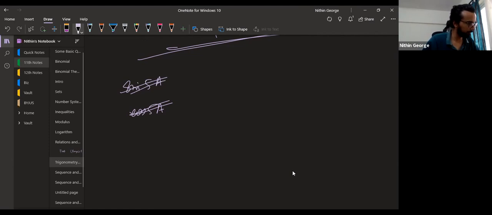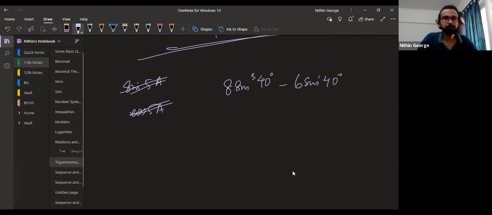Now, let's do a few problems. 8 sine cube 40 degree minus 6 sine of 40 degree. What will this be? 8 sine cube 40 degree minus 6 sine 40 degree.